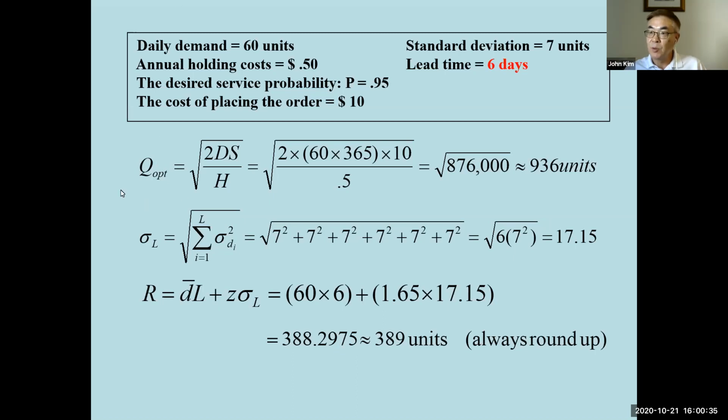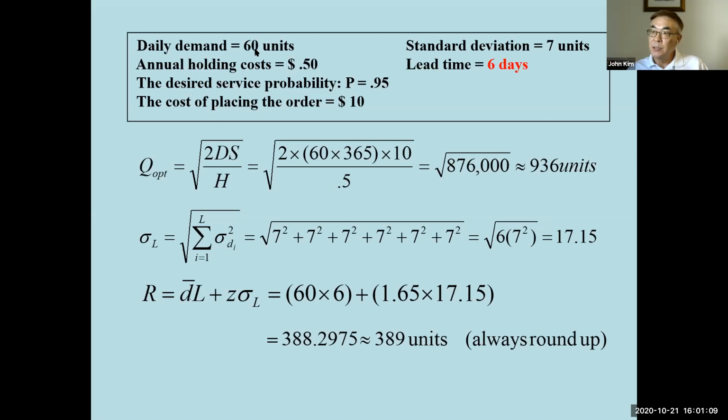So order quantity is the same as the basic model, or this safety stock model, the same. Using this formula, 2DS, uppercase D is annual demand, but this example gives daily demand. So we need to convert this daily demand to annual demand.